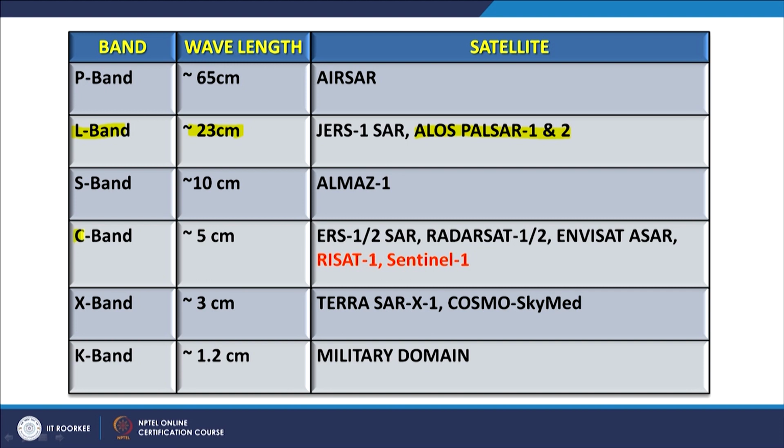The most common bands used for SAR interferometry started with ERS of the European Space Agency, then RADARSAT of Canada, then ENVISAT, again of the European Space Agency. ASAR is the name of the sensor. Then RISAT does not have the capability of acquiring interferometry data. However, the Sentinel has the capability of acquiring data.